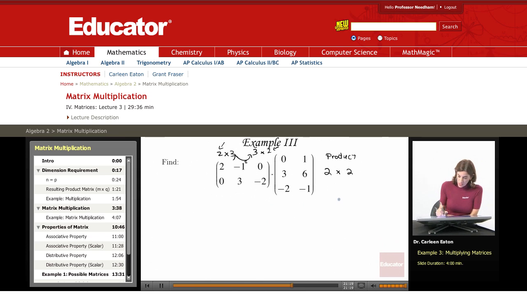So setting up the product matrix right here, and first looking for row 1, column 1. I'm going to use row 1 here, column 1 here. 2 times 0, that's the product. Then I'm going to add that to the next product, which is -1 times 3, and the third product, which is 0 times -2.